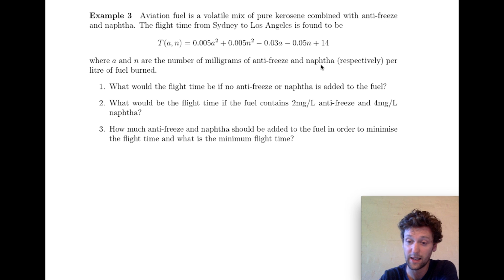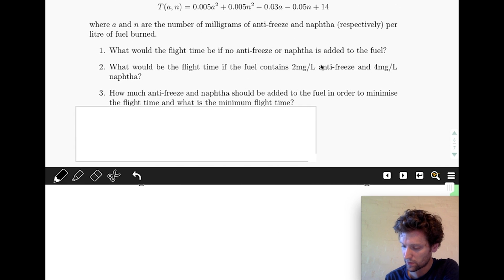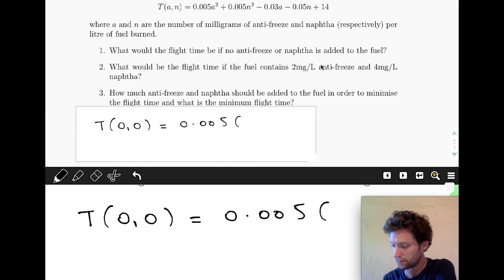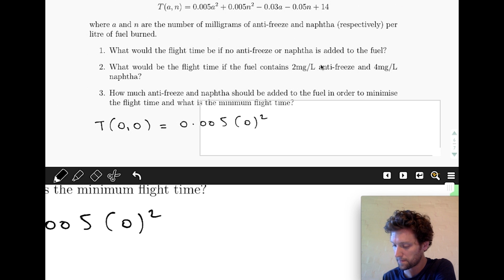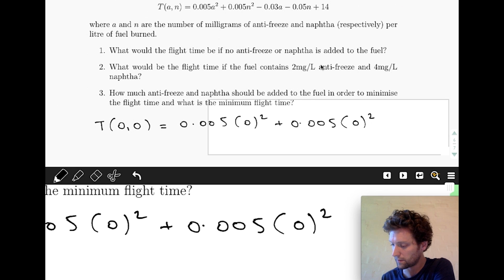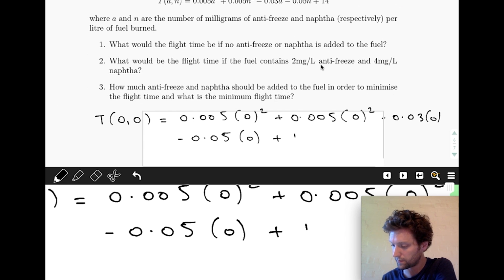What do we get? In that case, we're just going to set A equal to 0 and N equal to 0. So T at A = 0, N = 0 will be given by 0.005 times 0 squared plus 0.005 times 0 squared minus 0.03 times 0 minus 0.05 times 0 plus 14.